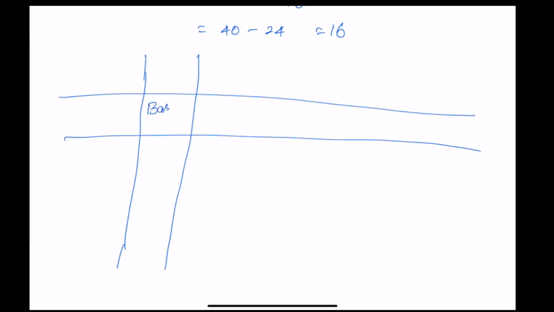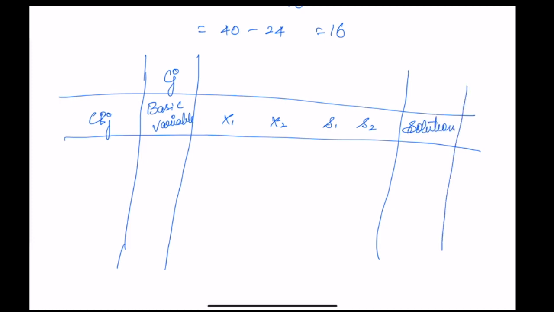Basic variable, Cbj coefficient of basic variable and Cj coefficient of objective function. All the variables x1, x2, s1, s2, solution and ratio.